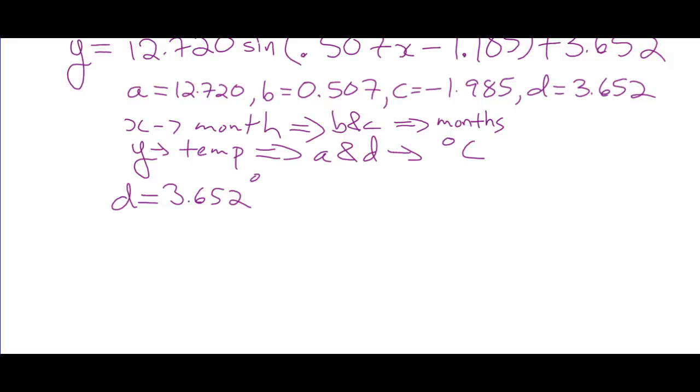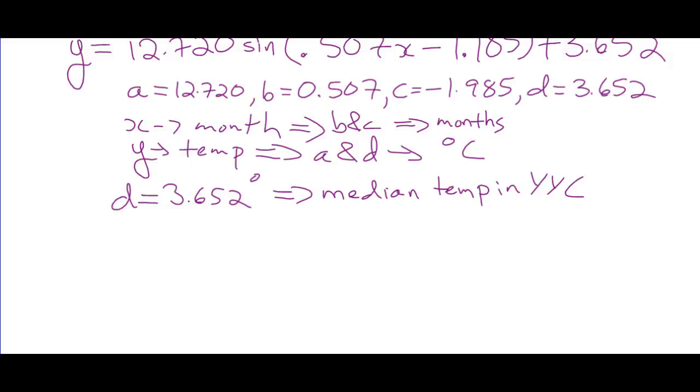So year-round, the average temperature in this godforsaken city is less than 4 degrees Celsius, right? 3.652 degrees Celsius. This is the median temperature in Calgary. So it means half the year it is warmer than 3.652 degrees, and half the year it is colder than 3.652 degrees. Right?